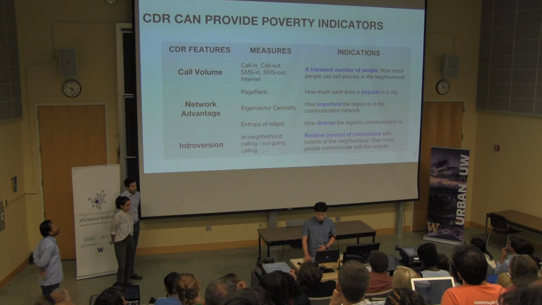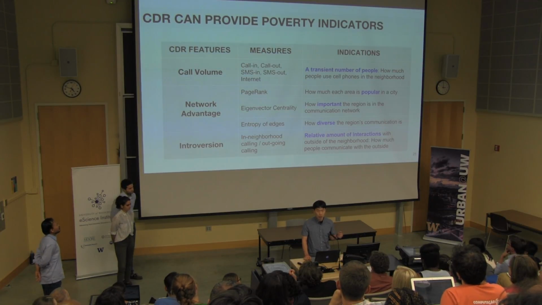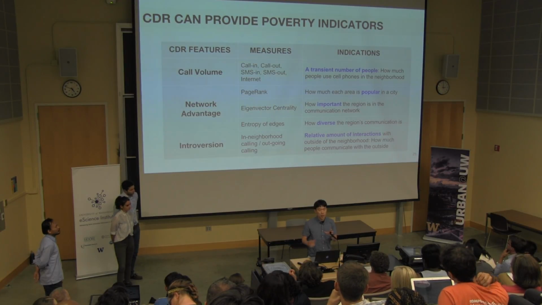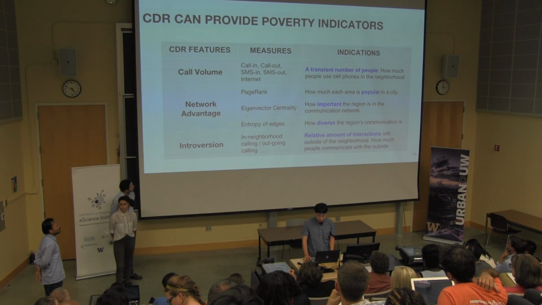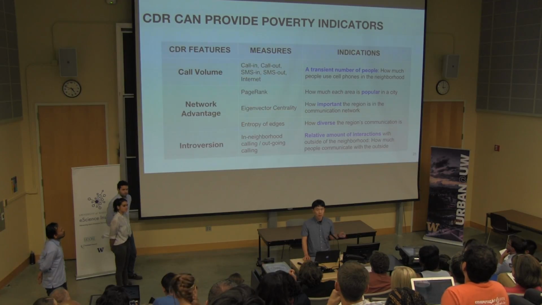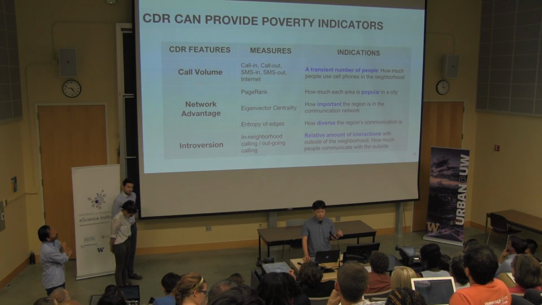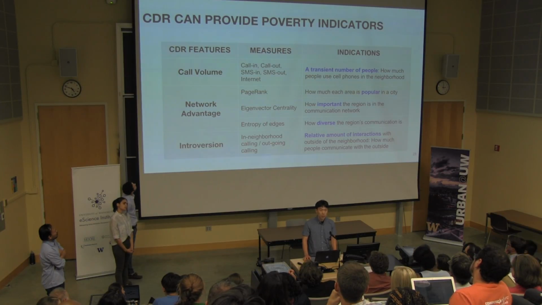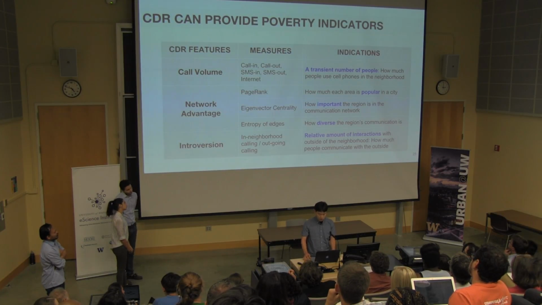The first one has features about popularity and importance of each region based on the communication network. And also there's a measure of diversity of each region in terms of the communication network. And the last one is the relative amount of interactions, which is termed introversion.